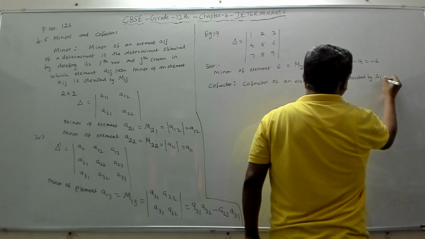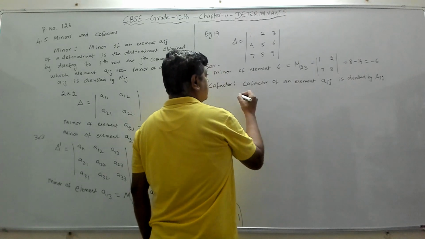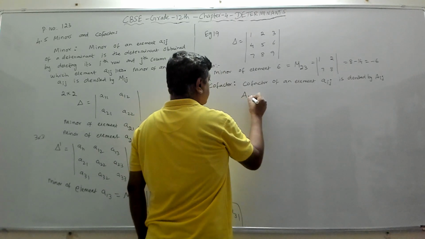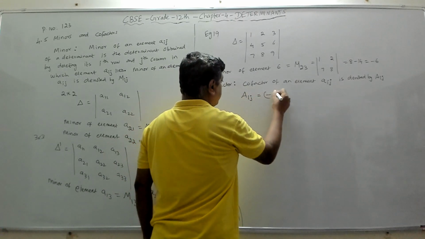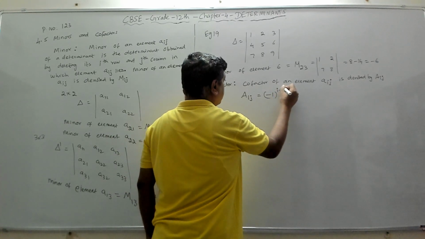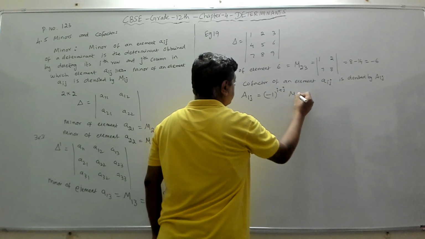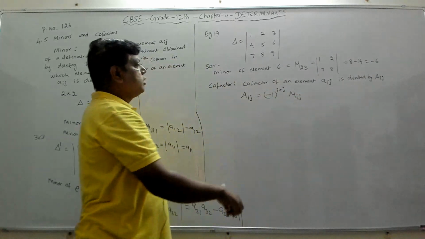And what is capital Aij? Capital Aij is equal to minus 1 power i plus j times Mij. So this is the definition of the cofactor of an element Aij.